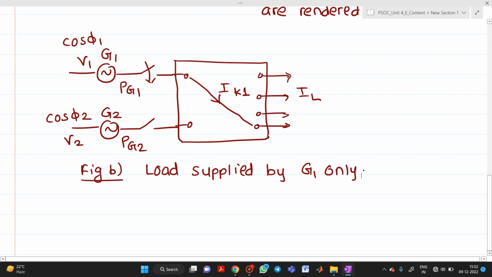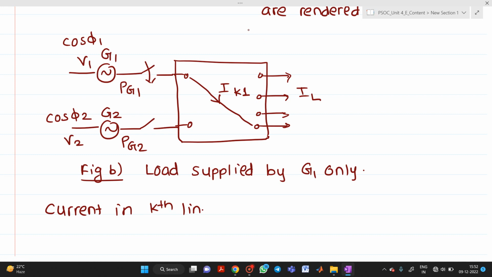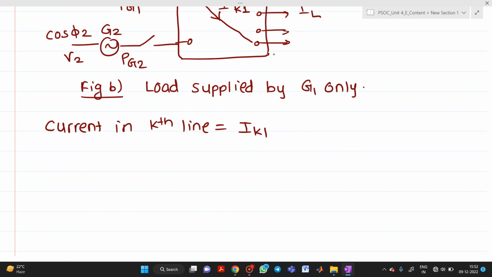Now what is the current in the kth line? For this situation, the current in the kth line is denoted as IK1, which is represented here. Now how can we find the current distribution factor? We have already seen the definition, and I am going to revise it.